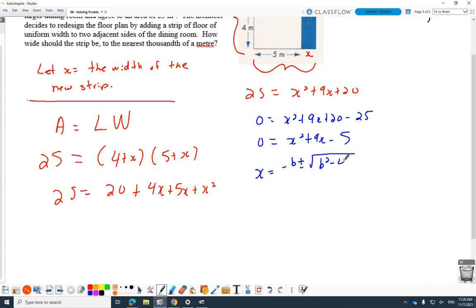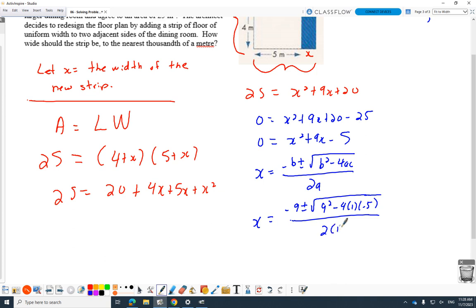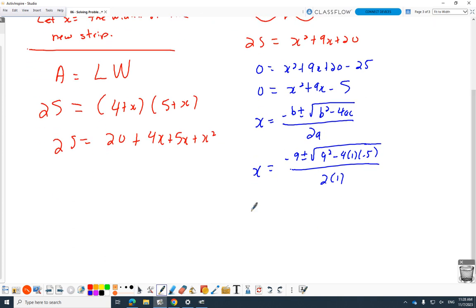And just in case you're like, I was studying for the quiz all last night, I didn't do any quadratic formula questions. Well, here it is again. X equals -9 plus or minus the square root of 9 squared minus 4 times 1 times -5, over 2 times 1. Can I do it in my head?